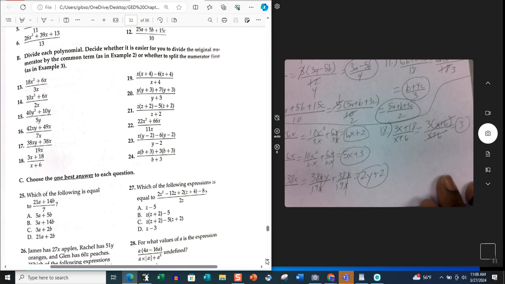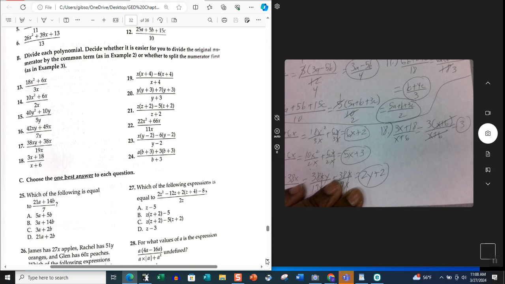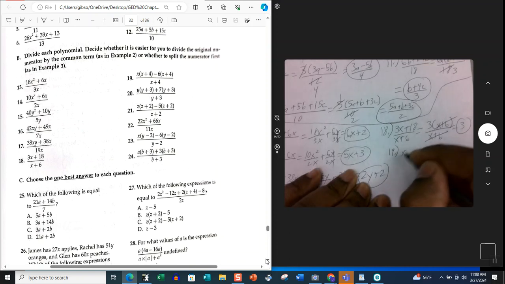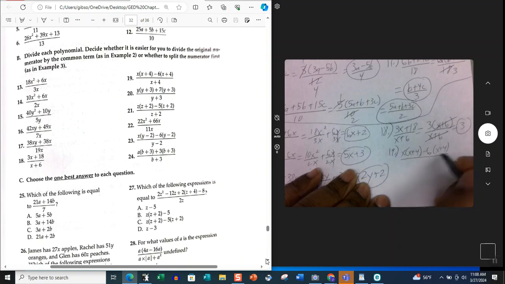So what I'm going to do is 19 and 24, and then I'll come back and do problem 22. So problem 19, we had x times x plus 4 minus 6 times x plus 4, all over x plus 4.